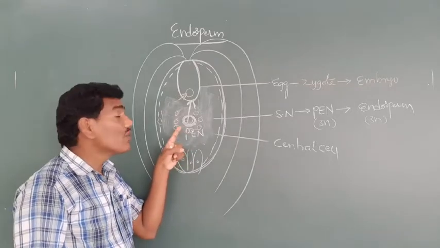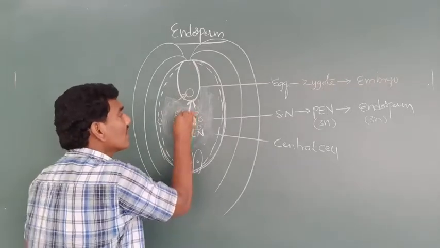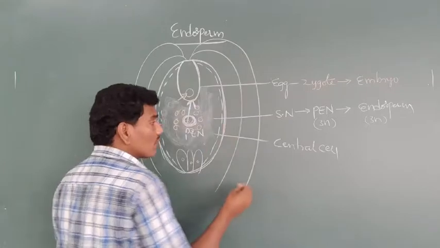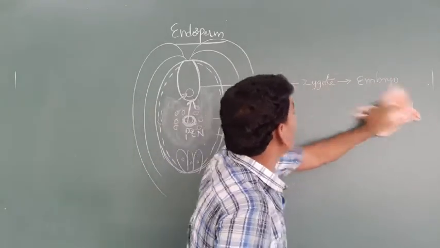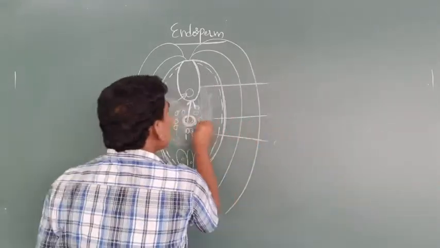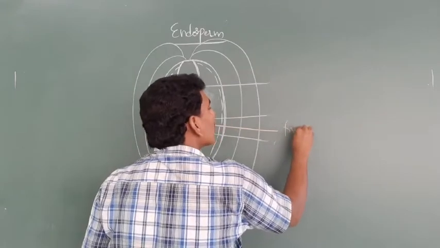This stage of endosperm is also known as free nuclear endosperm.